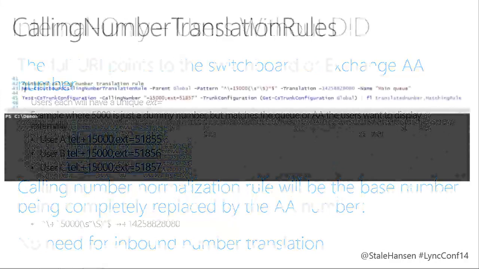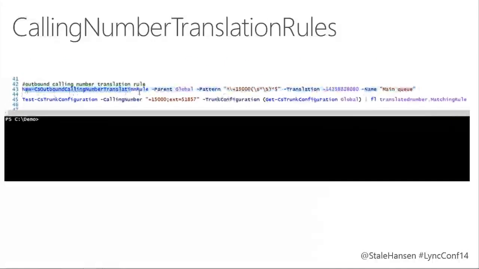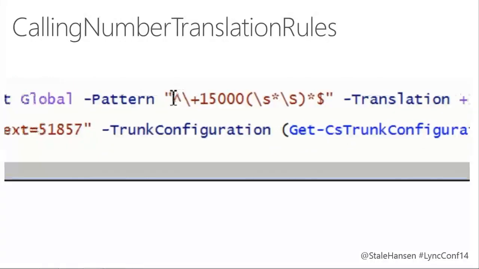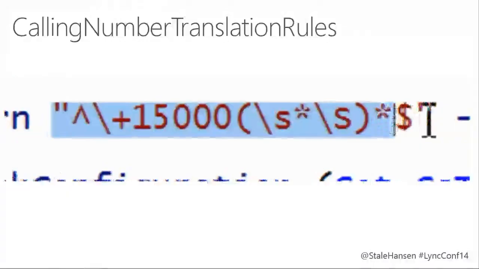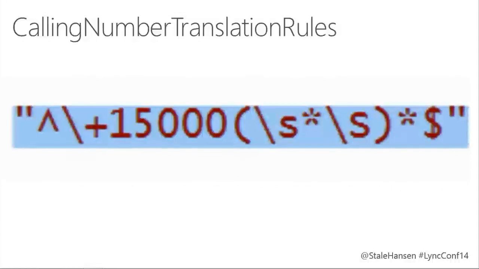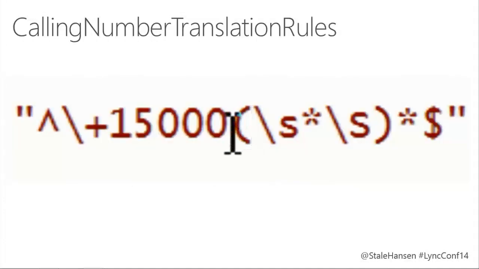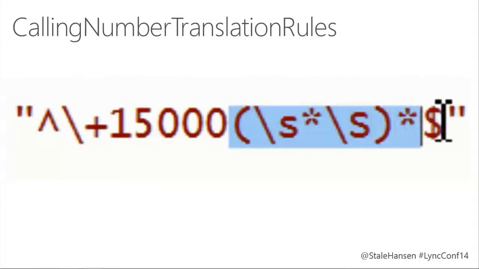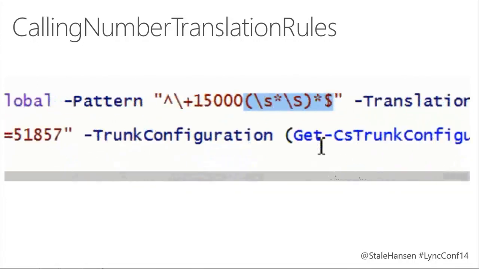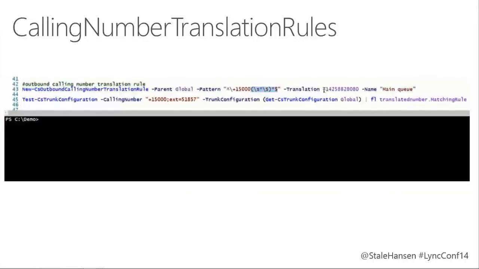And of course, you can create this using PowerShell. So you create a rule to normalize the dummy number. The /s and star removes everything that's behind the number, so the extension, or if you have other stuff. And then we normalize, or replace, the entire number into the main number. So running this creates the rule.